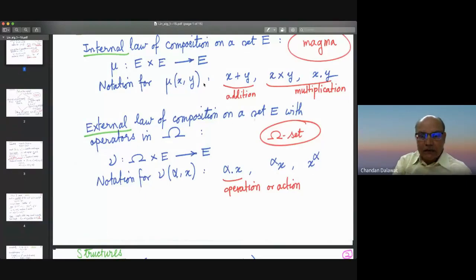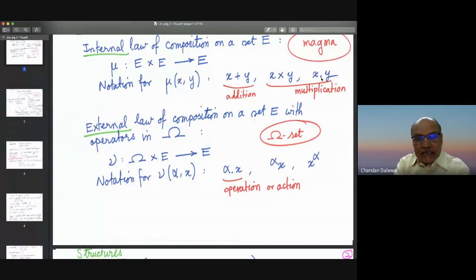So you say that this law is written additively if you denote it by plus, and it's written multiplicatively if you denote it by a cross or a dot. So that is an internal law of composition on some set E.